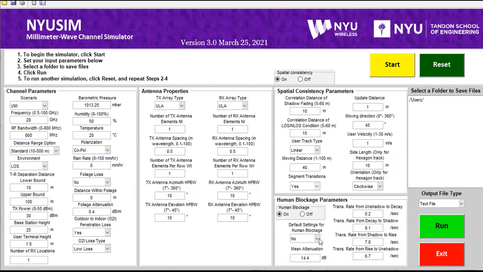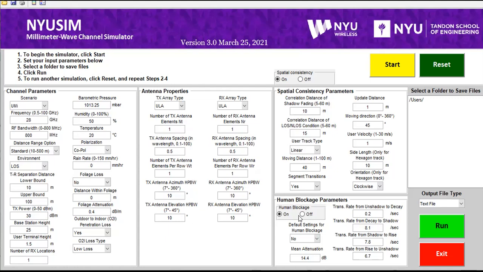Then human blockage parameters. Again, you can turn it off, but it means that when you are holding a phone next to your ear, then if you have the base station on the other side, of course, you are obstructing. You are an obstruction between the phone and the base station. So you can offer some blockage.